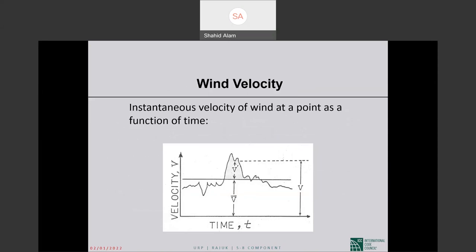The concept of average wind velocity and averaging time, let's look at that in just a little bit of detail. The instantaneous velocity of wind at a point as a function of time looks like this. As I said, it is not constant from one instant to the next. It changes.